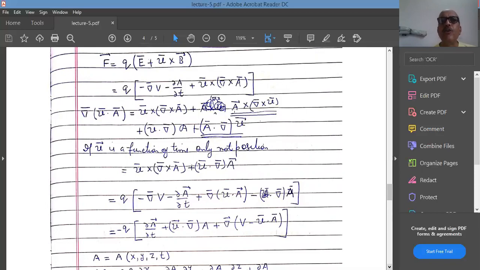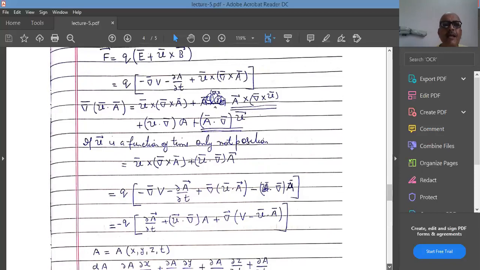Similarly, here also you will see that it is del cross v. Del cross v means again del over del x, del over del y, del over del z, that means spatial derivatives. So they will all be equal to 0. So these two terms will be equal to 0. That is why we can write it as v cross del cross A and v dot del into A. You will see these terms will not be equal to 0.